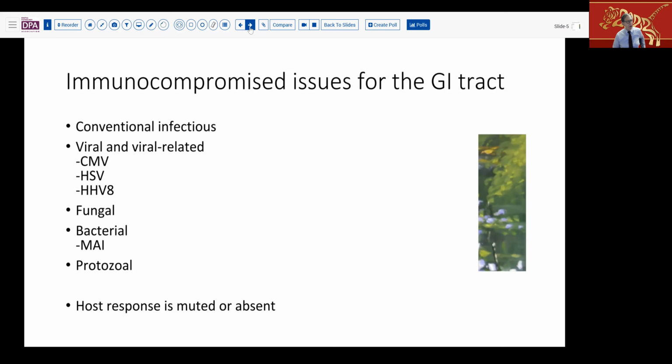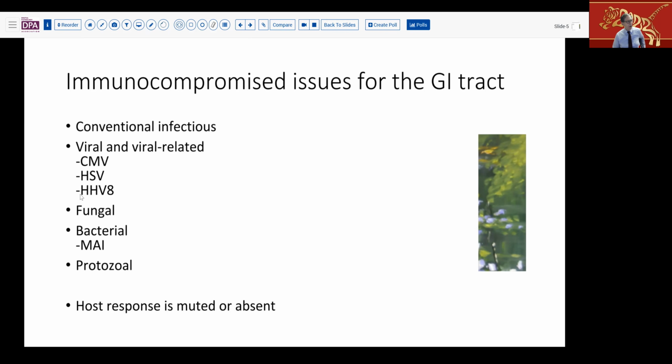So given this situation, certainly the likelihood of an opportunistic infection in the GI tract as being responsible for this is highly likely. But I think we always have to remember that conventional infectious and inflammatory disorders, such as inflammatory bowel disease, do also occur in these patients, and we need to be aware of those possibilities.